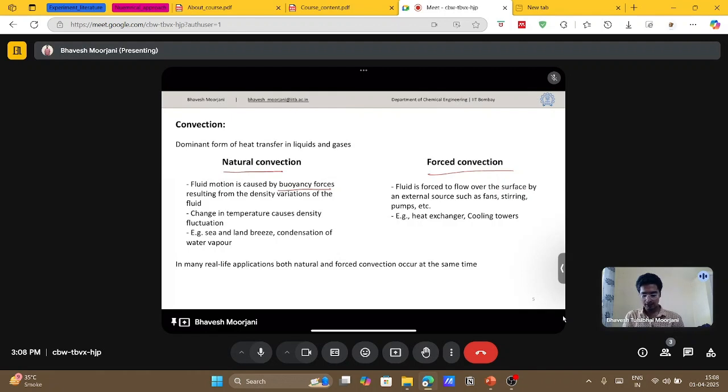So in natural convection, what happens is, due to the density difference, the fluid which is being heated moves. If we consider the example of a liquid, let's say this is part of a moving fluid, and below is a hot surface.